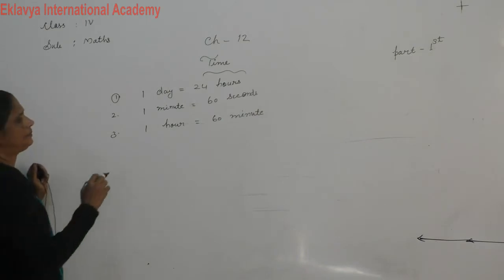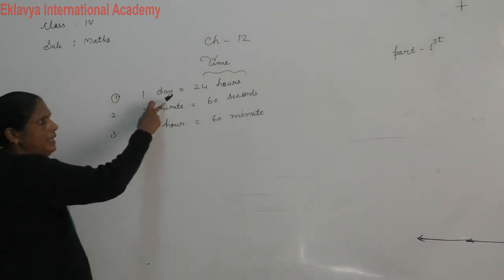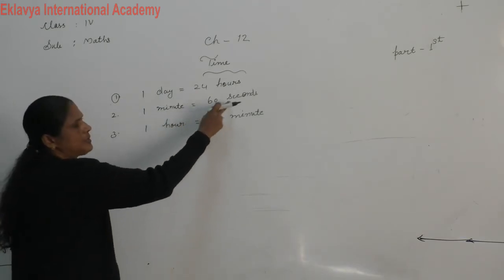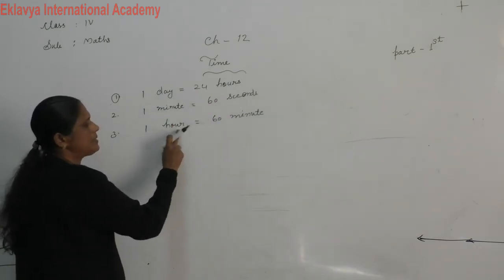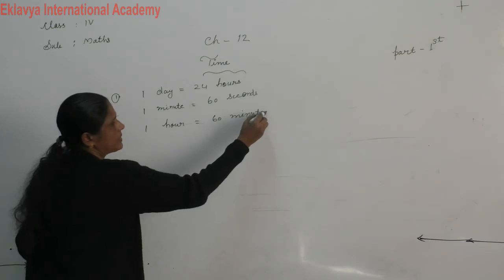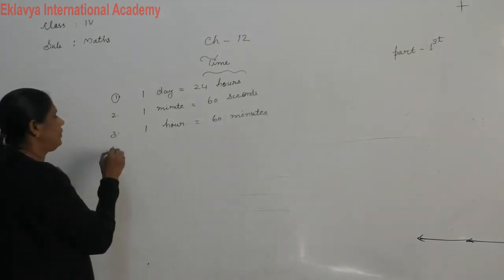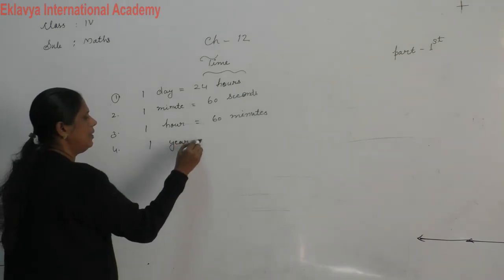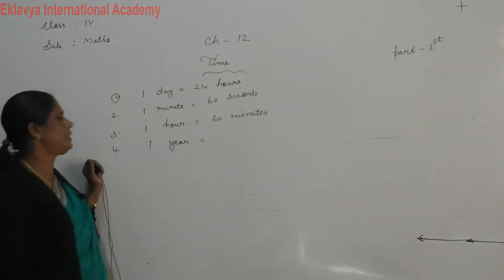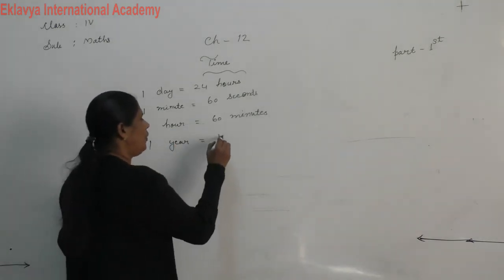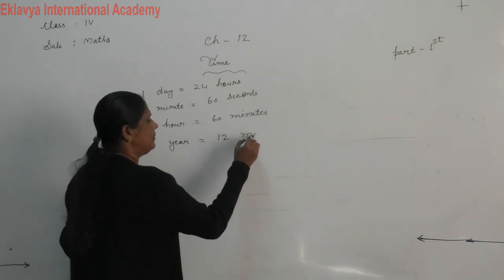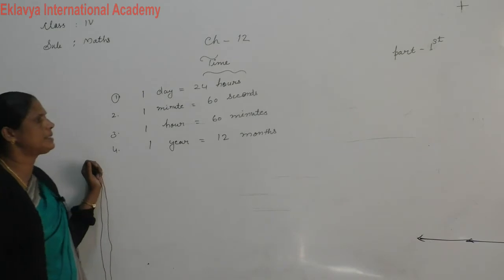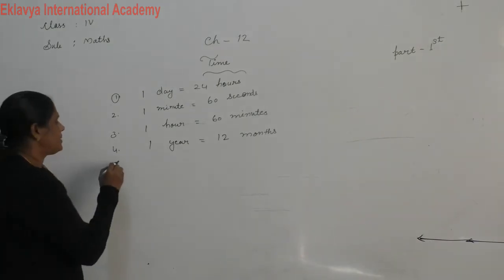Then 1 day is equal to 24 hours, 1 minute is equal to 60 seconds, 1 hour is equal to 60 minutes. Now for 1 year is equal to 12 months. 1 year is equal to 12 months.